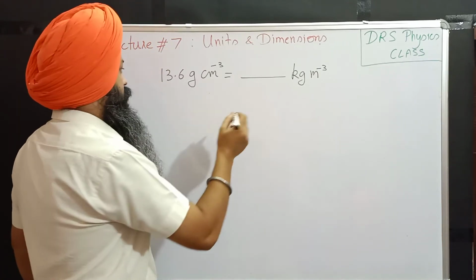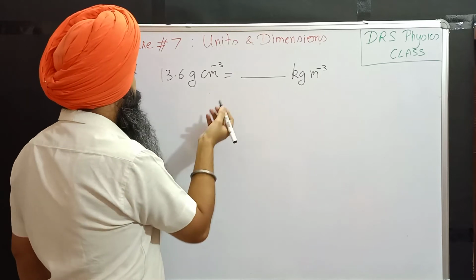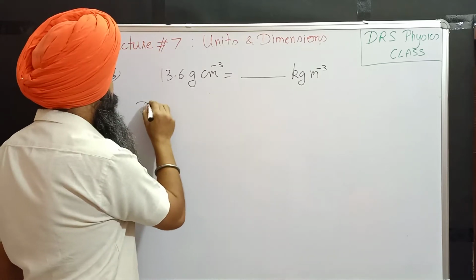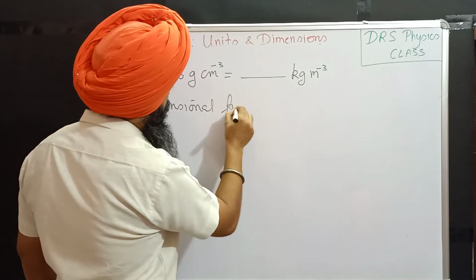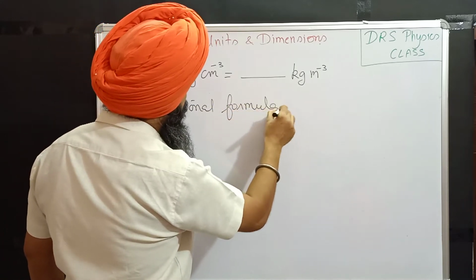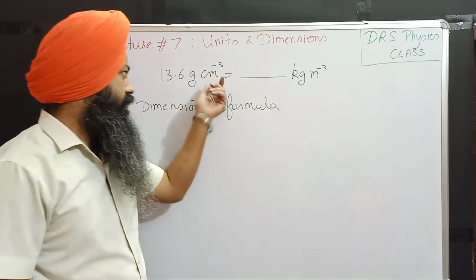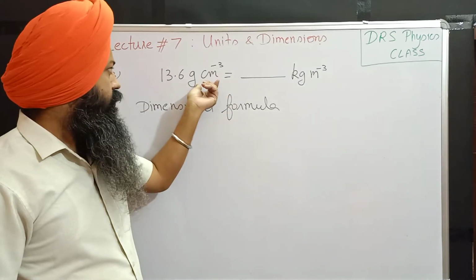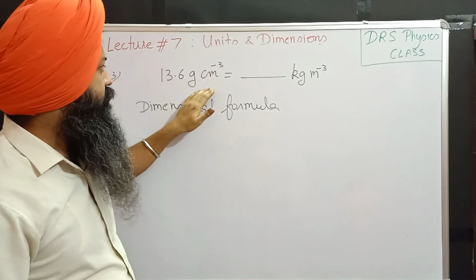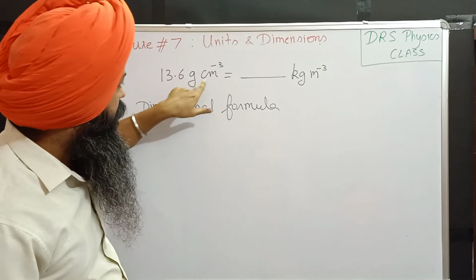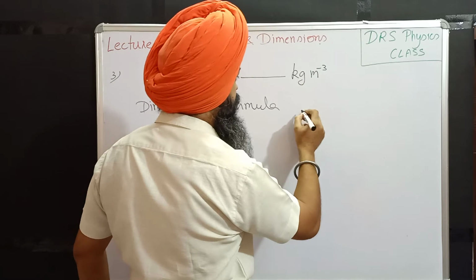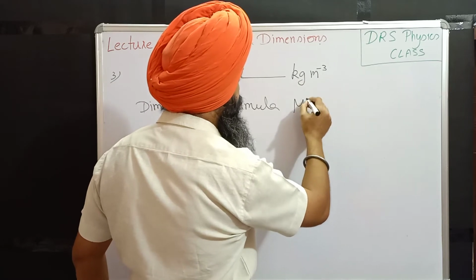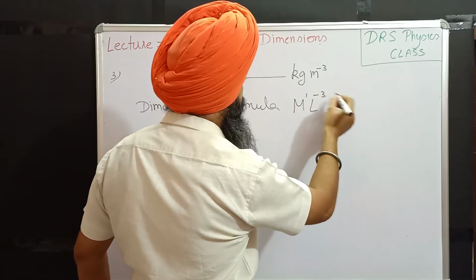So what is the dimensional formula? Suppose you are not aware of the quantity, don't bother about that, just write the dimensional formula. It is mass and length, so the dimensional formula is M1 L minus 3.